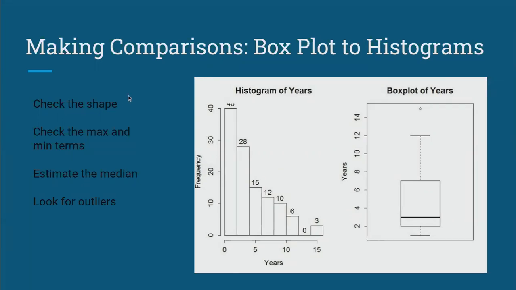Okay? So part of this course is to get you to critically look at data. So critically, you are looking at all of the characteristics.